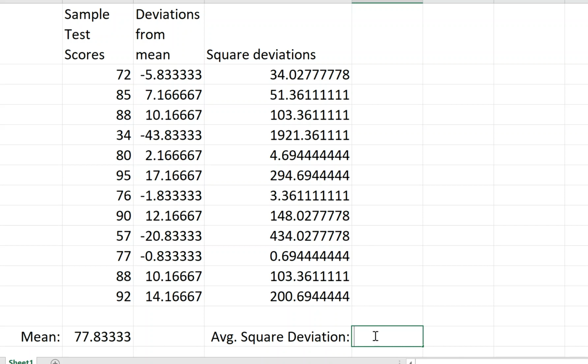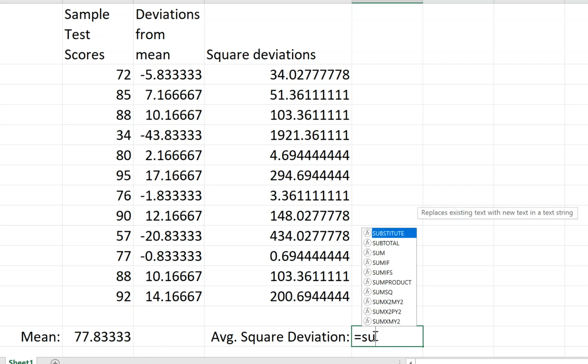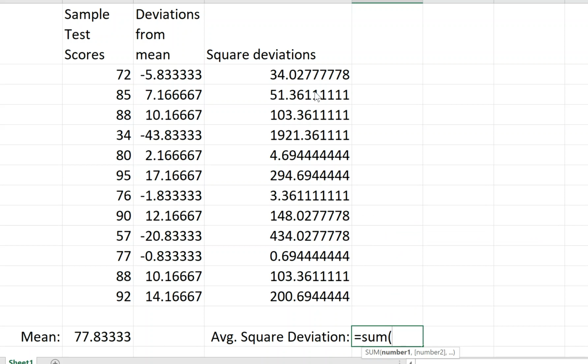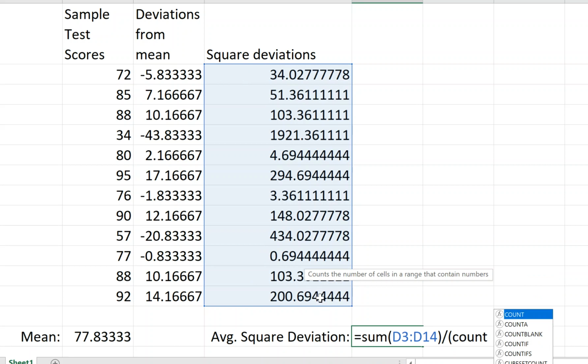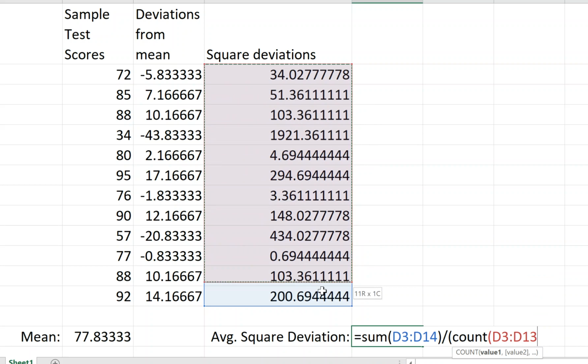This is the tricky part, and I'll make a note of this later. But I still want to add these numbers. I'm adding all my squared deviations. But now I'm going to divide by the number of values, so I'll count them again, which I could just manually count and type that number in if I wanted to. All of this could be done by hand. But I'm going to divide by one less than the number of data values.